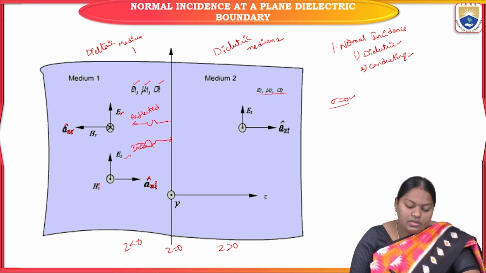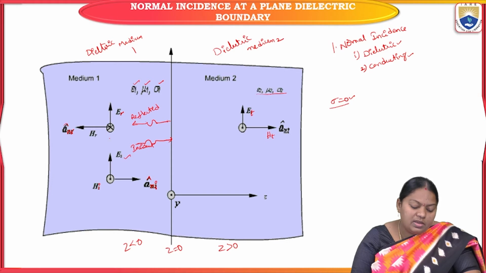In medium 2, we have only one wave, the transmitted wave, represented with ET, and the magnetic field intensity of the transmitted wave as HT, right? For normal incidence, when the incident wave strikes the boundary, part of the incident wave is reflected back into the same medium, and part is transmitted to the next medium.